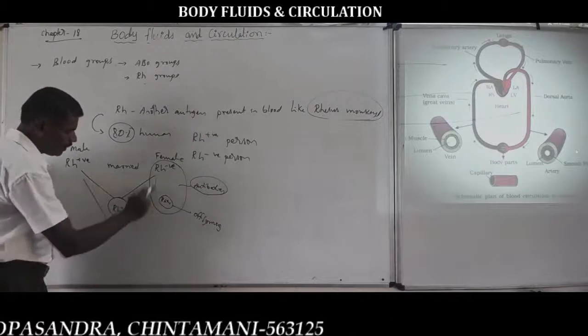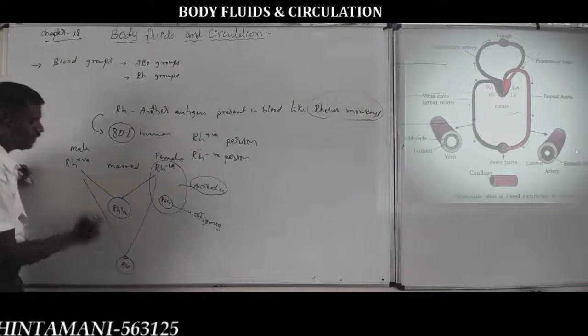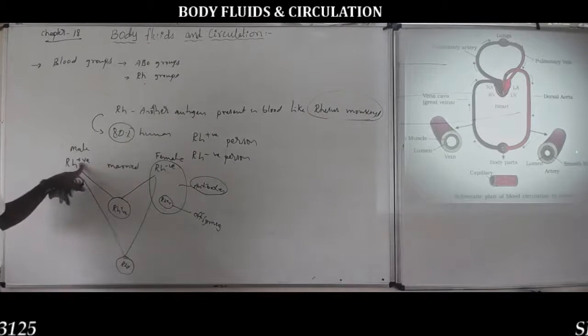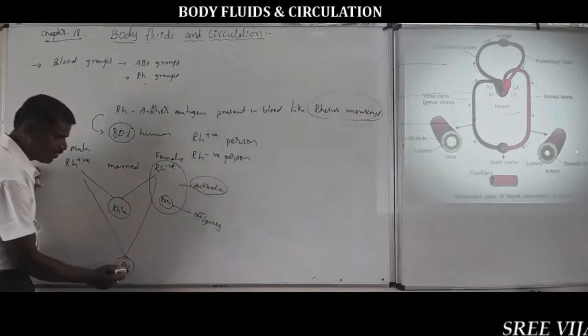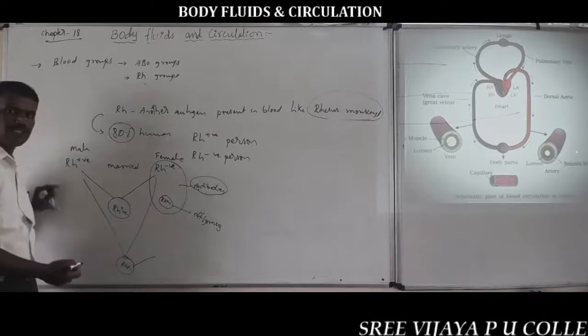At the same time, next there is a second pregnancy, again Rh positive because of the positive male. Previously there is the presence of antibodies.